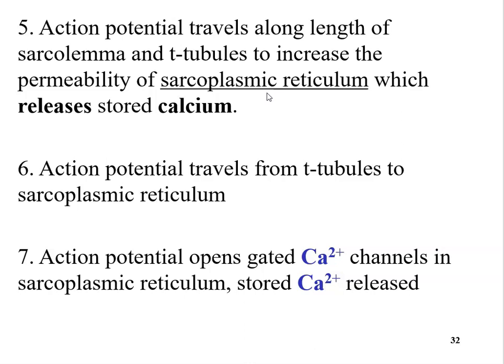This action potential travels from T-tubule to sarcoplasmic reticulum, making the sarcoplasmic reticulum more permeable or leakier, which then causes all the calcium ions stored within it to float on out into the cytoplasm, or sarcoplasm, of the muscle cell.